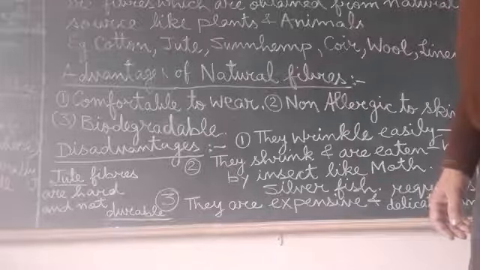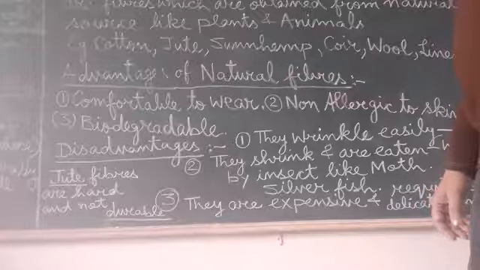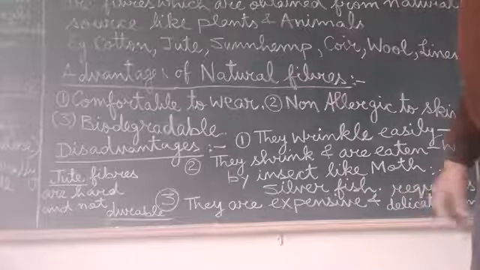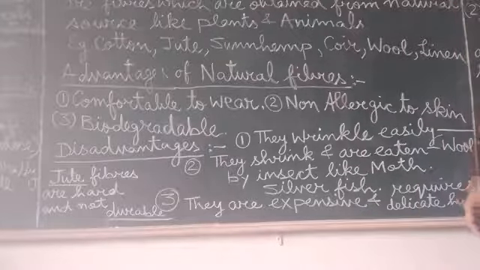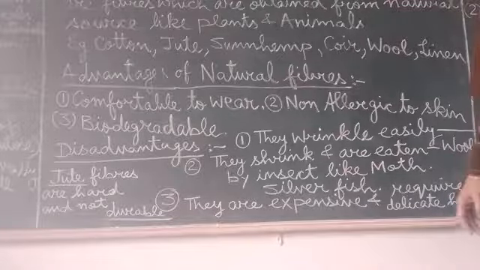The jute fiber is hard and not durable. So these are some of the disadvantages of using natural fibers for making clothes and various other things which we are using in our day-to-day life.